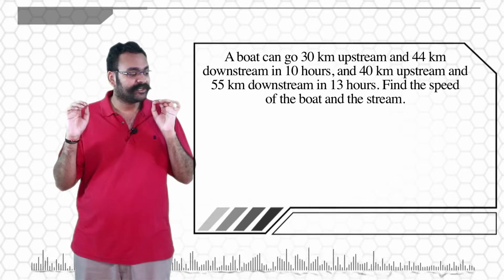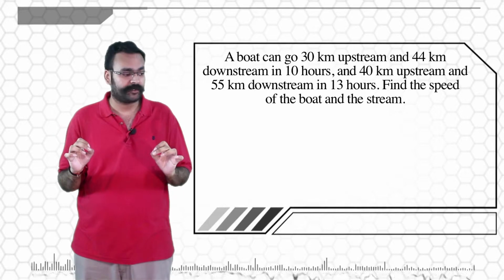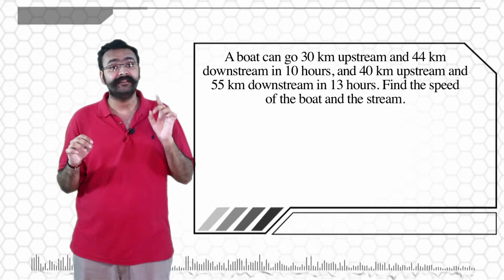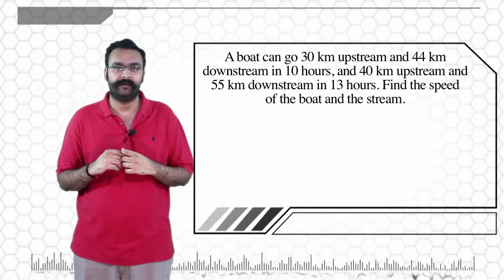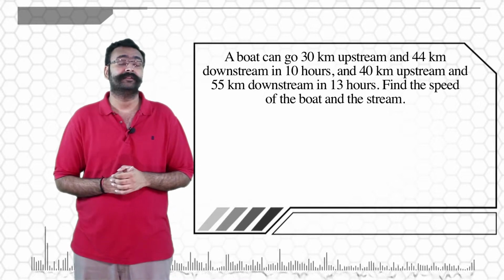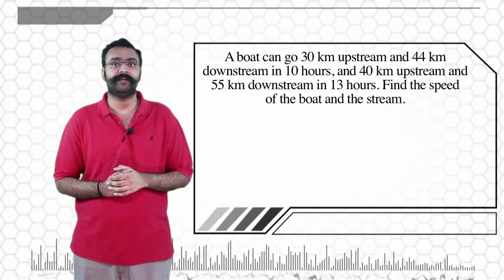Also, it can travel 40 kilometers upstream and 55 kilometers downstream in 13 hours. Based on this information, we must find the speed of the boat and the speed of the stream.